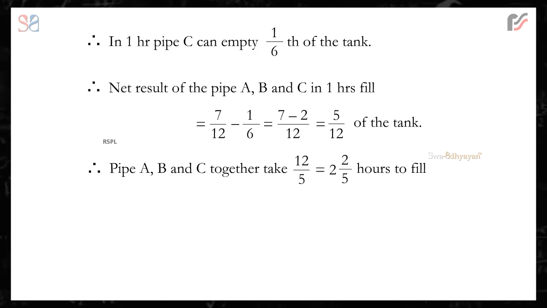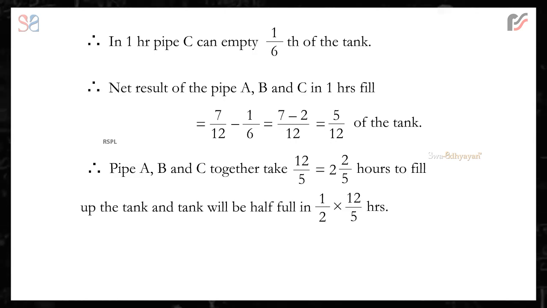Therefore, pipes A, B and C together take 12/5 is equal to 2 and 2/5 hours to fill up the tank, and the tank will be half full in 1/2 into 12/5 hours. This is equal to 6/5, that is equal to 1 and 1/5 hours.